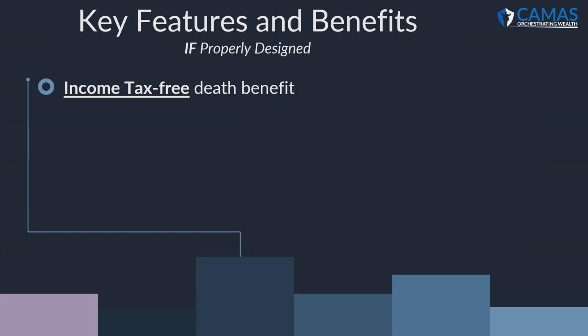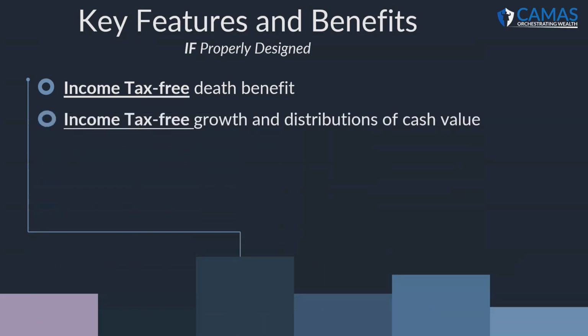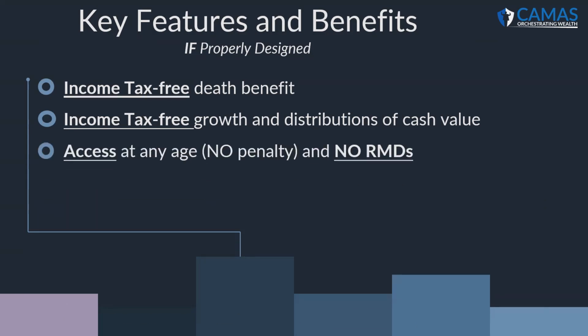As long as we've designed that policy minimum non-MEC, we can get that policy not only income tax-free for the death benefit, but we can also get the money out during life and distribute cash value either through distributions or loans tax-free. Now, if we wanted estate tax-free, we've got to take that extra step to get it out of the estate and make sure we don't have incidents of ownership that will bring it back in.